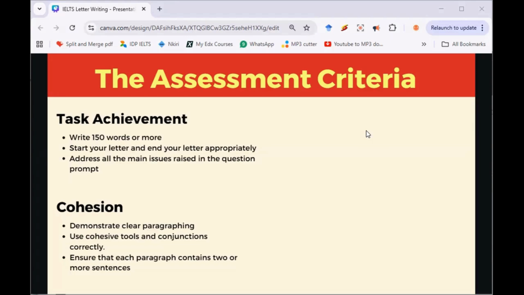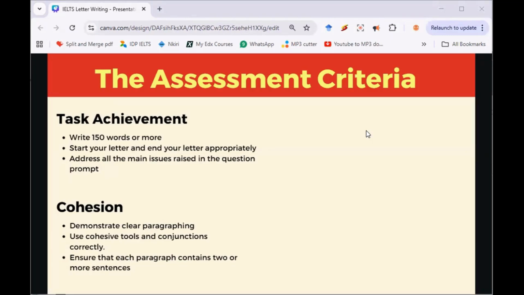Number 2 way to get a good score with cohesion is to use cohesive tools and conjunctions correctly. Conjunctions like in addition, however, moreover. These are conjunctions that you must use correctly. And number 3 point is to ensure that each paragraph contains 2 or more sentences. That's very, very important.